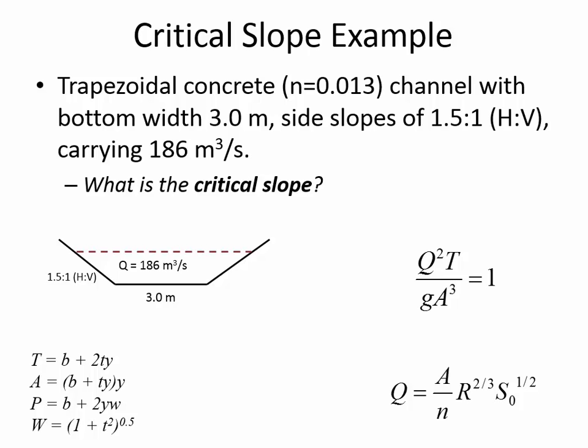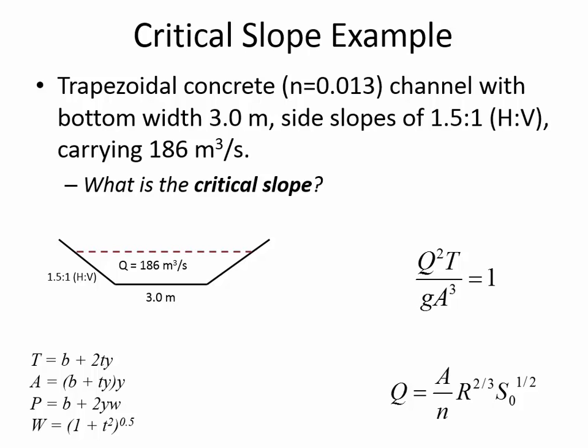S is n times Q divided by A times hydraulic radius to the 2/3 power, and all of that is squared. So we've just rearranged this to solve for the slope that is going to give us this critical depth.